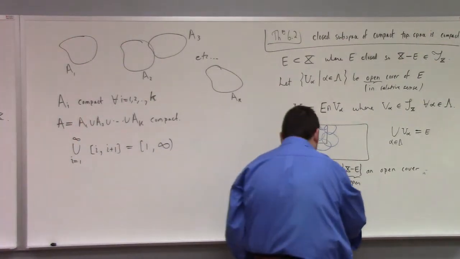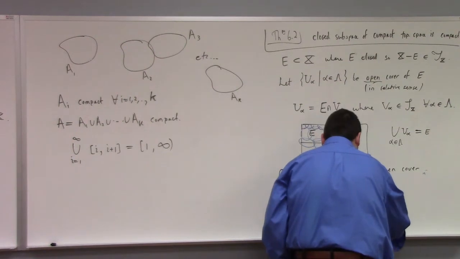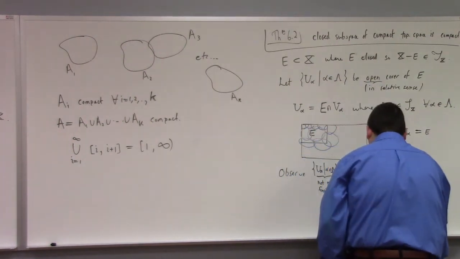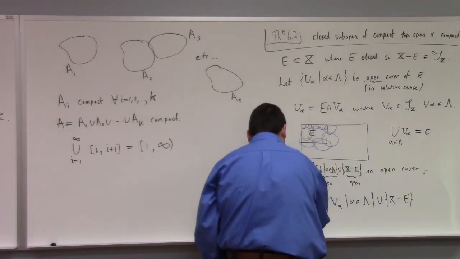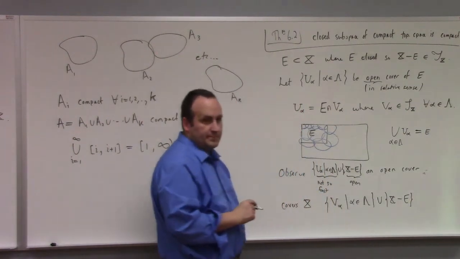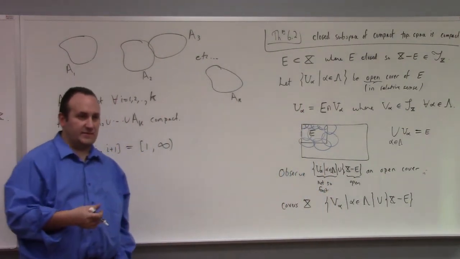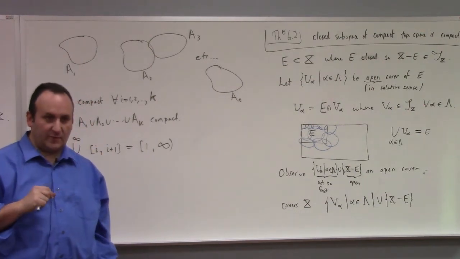Notice that V alpha unioned with that complement covers X, right? Just go back to the original open sets that formed the relative topology.